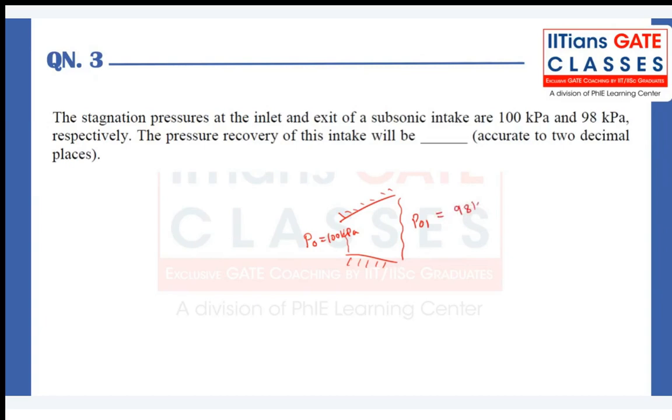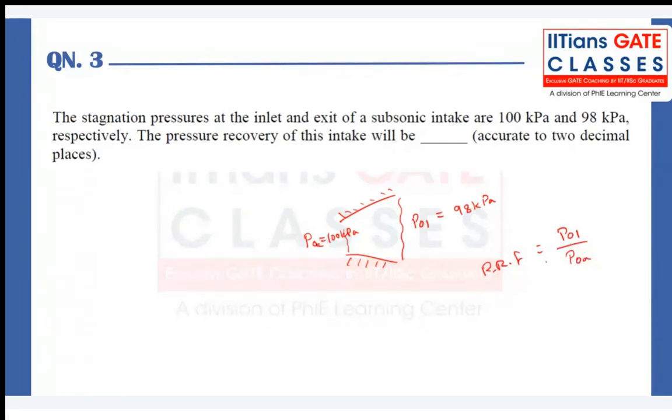So what is the pressure recovery factor? Pressure recovery is defined as the exit total pressure to the inlet total pressure, say P naught A, at the entry.